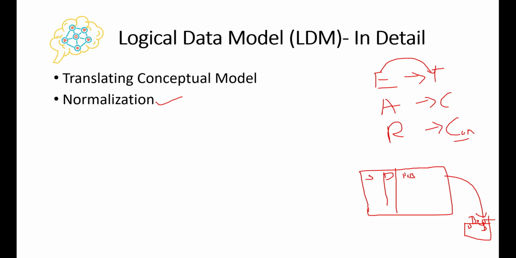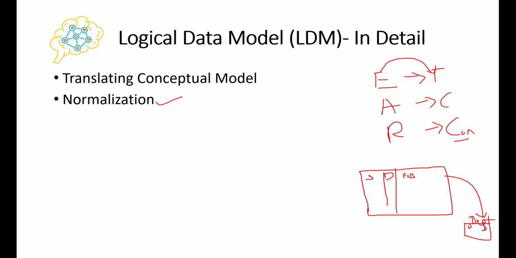But I am normalizing the particular table here, splitting one table into multiple tables. That's called normalization. You can normalize to any extent that you want, to improve performance and make it more organized. There are a lot of normalization forms: first normal form, second normal form, third normal form. I don't want to go into detail, but you can read through that.